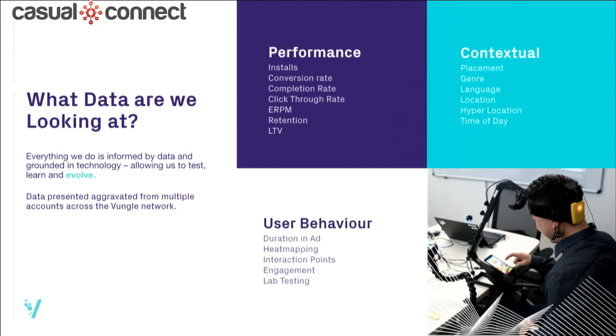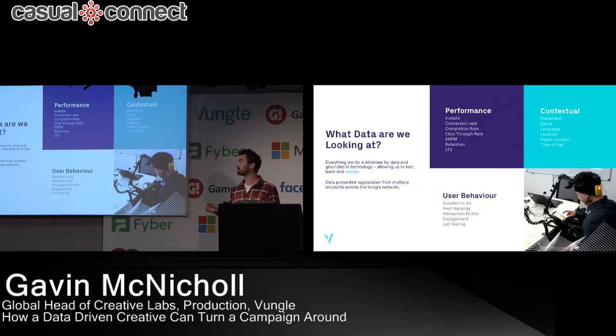We're also looking at contextual data. This is where our creatives are actually being placed. That's the specific placement, the genre of both publisher and advertiser, language, location. We're also starting to look a little bit at hyper-localization and also at time of day. And I've got some really interesting examples to show you on those key pieces a little bit later on.